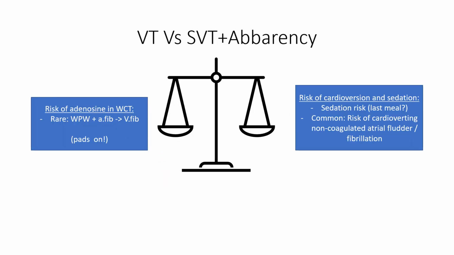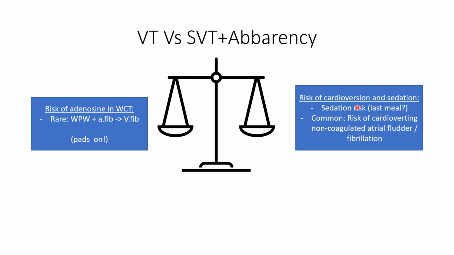So I alluded to this discussion of VT versus SVT with aberrancy. Some sources would just say the safe thing is to give them an electrical shock, and then you're out of the problem. But when we talk to our cardiologists, I think they have good reasoning for why not always.